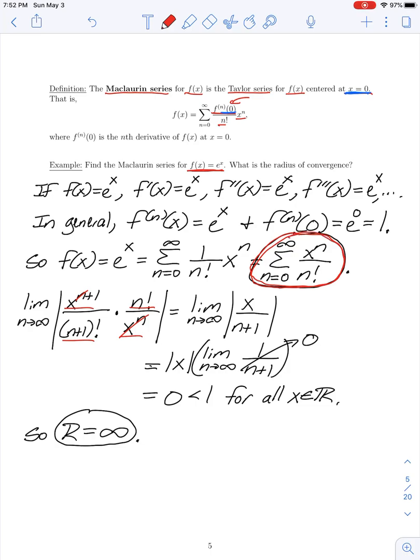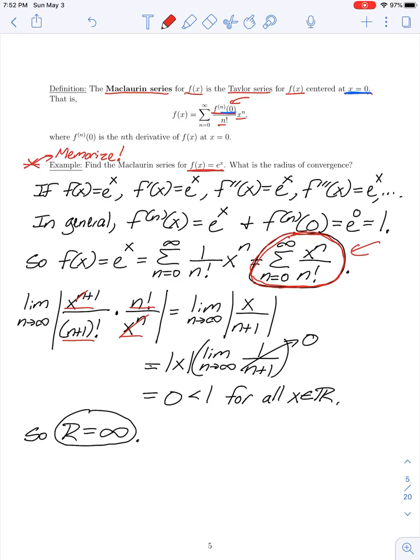I'll make a note here in the lecture, or I would encourage you to make a note beside this example, maybe put a star beside it, and as a note to yourself, you will want to have this memorized. That is, you want to memorize the form of this Taylor series for e to the x. And we'll see why you'll want to have this Taylor series memorized a little bit later in this section.